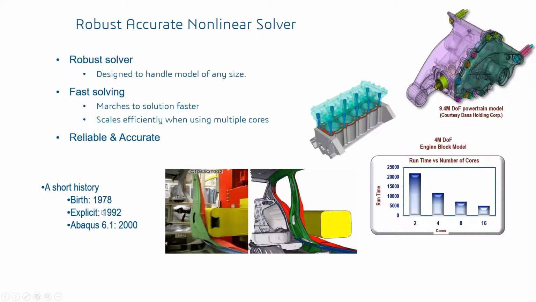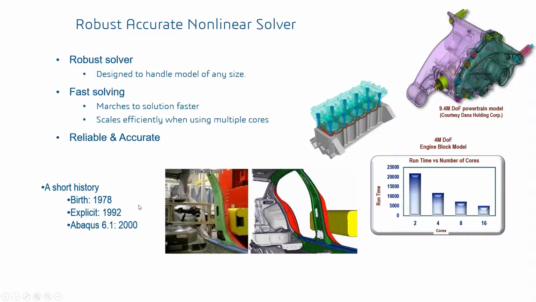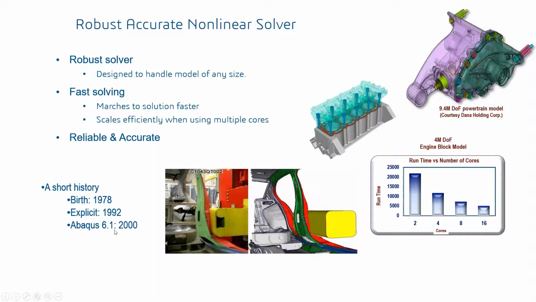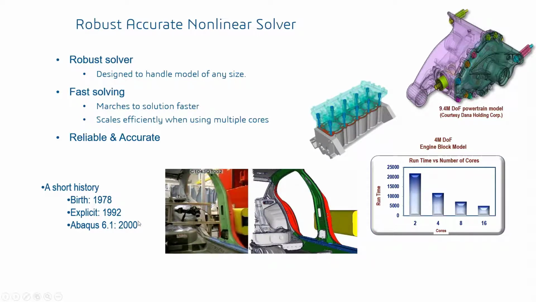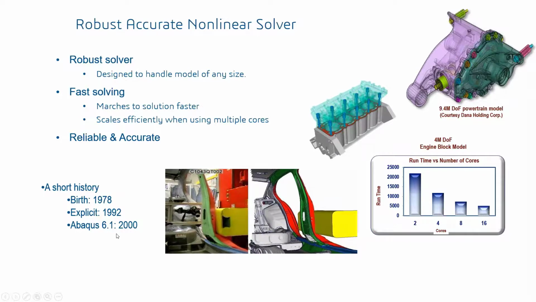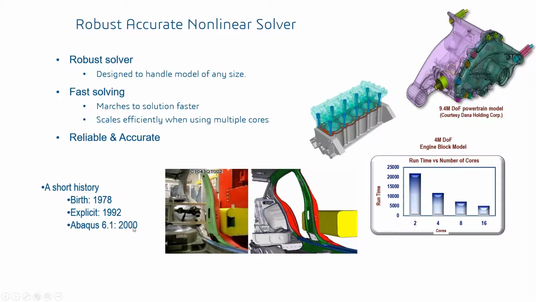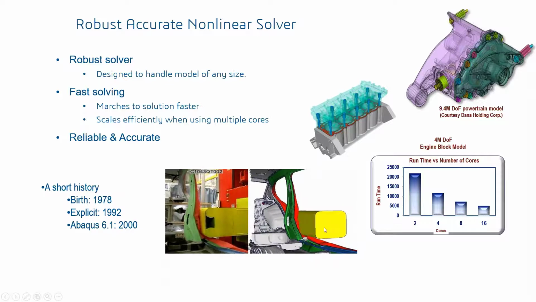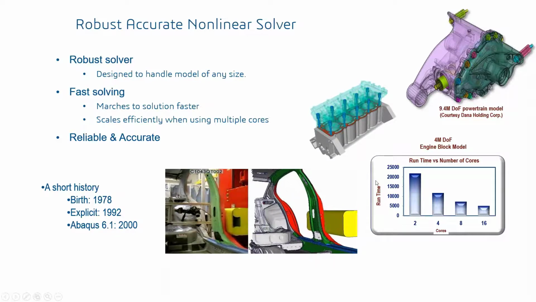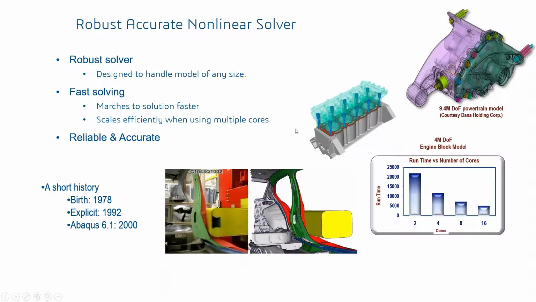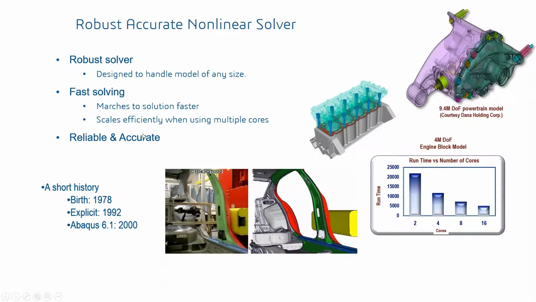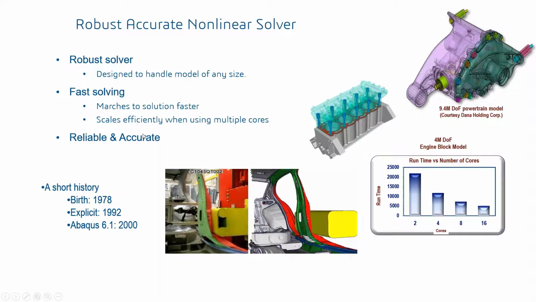Abaqus Explicit was presented in 1992. And the last major structural upgrade, or migration to the current hardware environment, was made in the year 2000 to get us into file systems and databases consistent with the current hardware architecture.